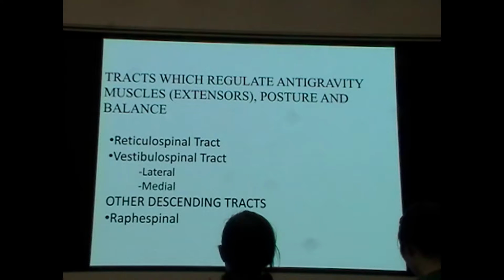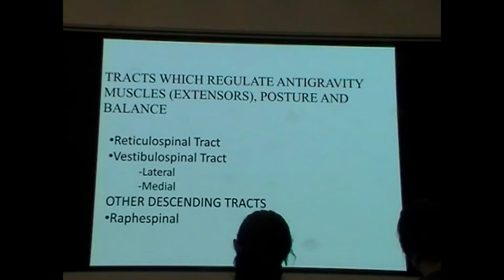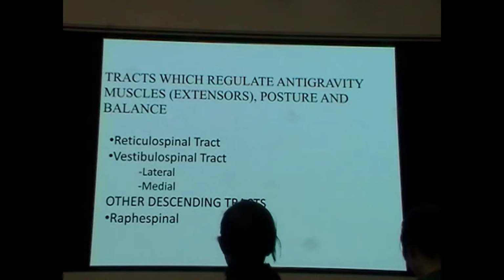Other descending tracts, we talked a little bit about this actually in relationship to pain. The raphespinal tract. The raphe we're talking about here is the midline raphe of the brainstem, and this is in the anterior aspect of the brainstem, and so immediately adjacent to this are these nuclei referred to as raphespinal nuclei. If you remember, there's a nucleus in there called the large raphe nucleus, or the nucleus raphe magnus.